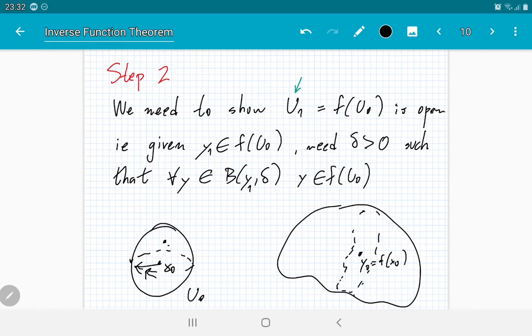Let's say I have another point here, x1, and its image here, y1. For any y1 in the image, this is u1, I can find a pre-image here. Now, what do I need to show? I need to show that there's a small ball, of radius delta, around y1, such that any other point in this ball also has a pre-image, perhaps a pre-image that's close to x1.